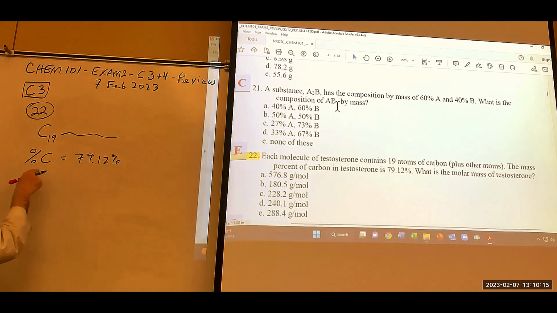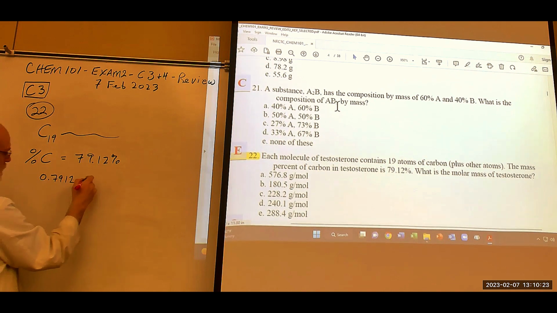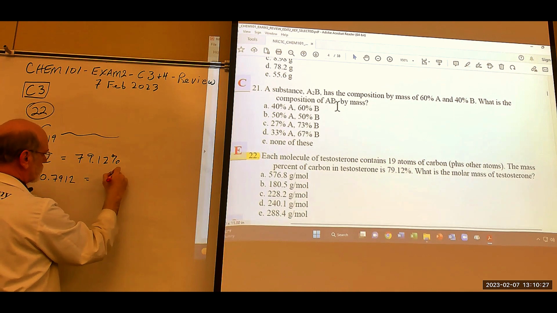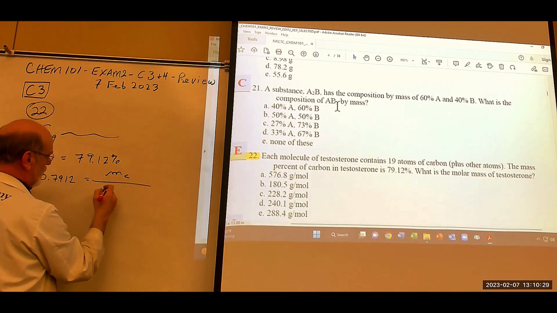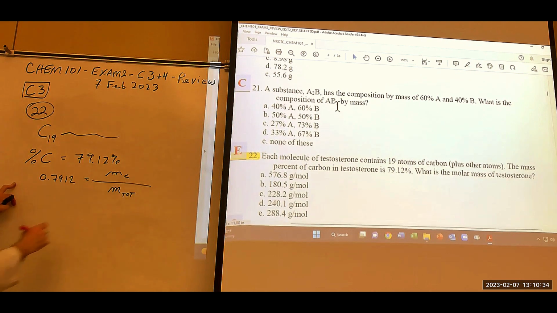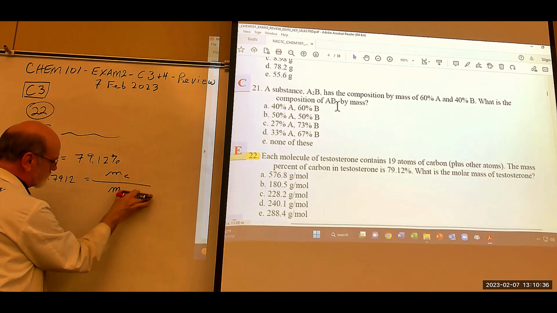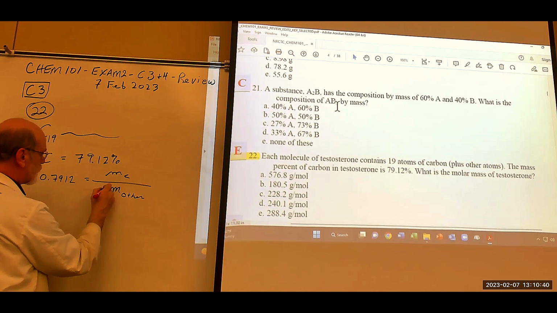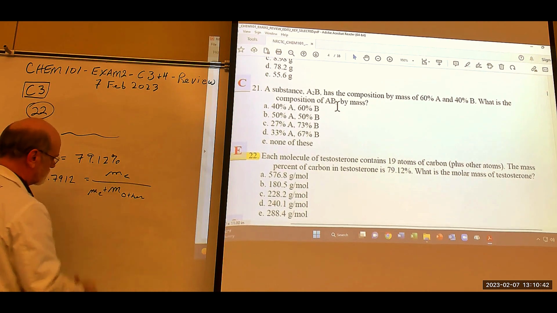That means the fractional equivalent, 0.7912, would be equal to the mass of carbon divided by total mass, and the total would actually be the mass of the others plus the mass of carbon.